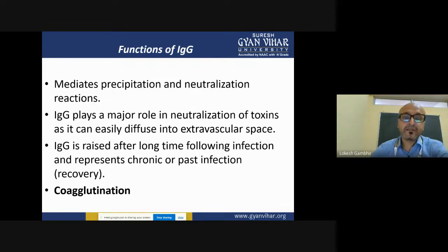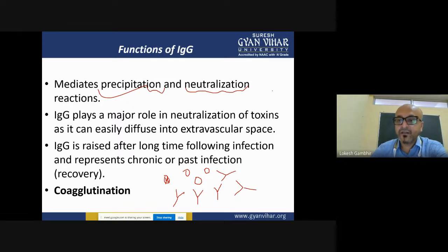Now, apart from this, these immunoglobulins are also responsible for neutralizing. Now, how are we talking about precipitation and neutralizing? See, there is an antigen. Now, these antibodies, these IgGs, are released. And suppose there are three molecules, and we have multiple copies of immunoglobulin. They will go and bind to the antigen and form this particular kind of structure.